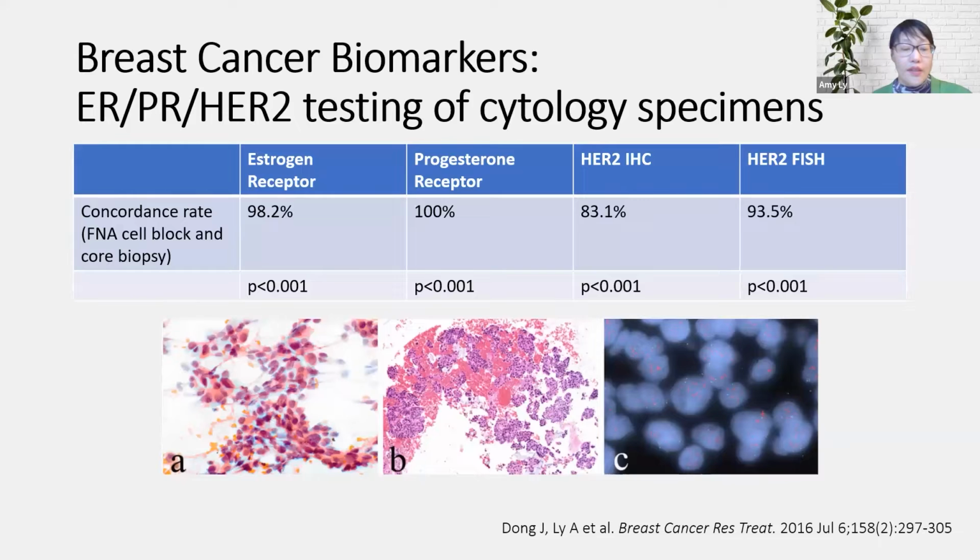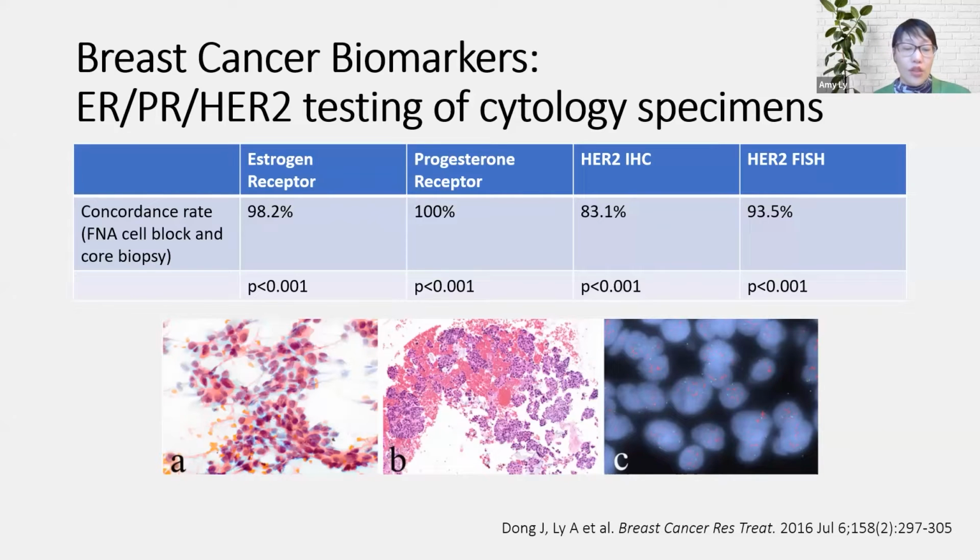So can FNA samples be used to assess breast cancer biomarkers? Well, the answer is yes for ER, PR, and HER2, our 3 standard receptor panel biomarkers. And we use these to characterize tumor types, and it drives clinical decision-making for selecting therapies.